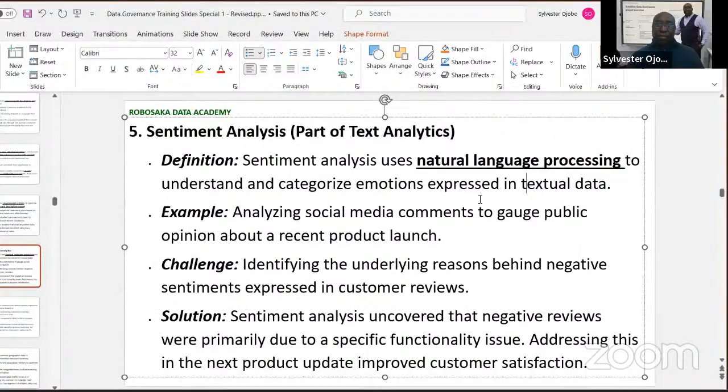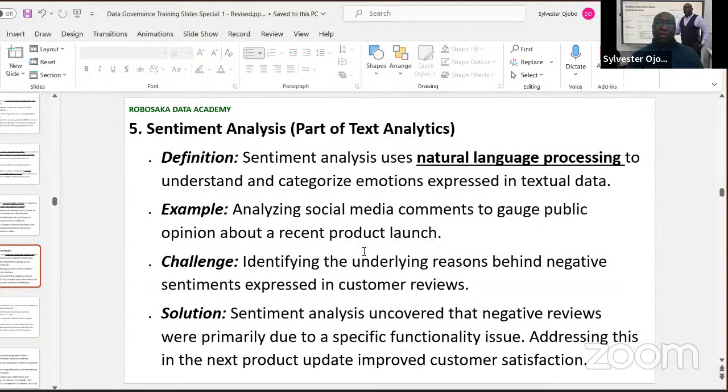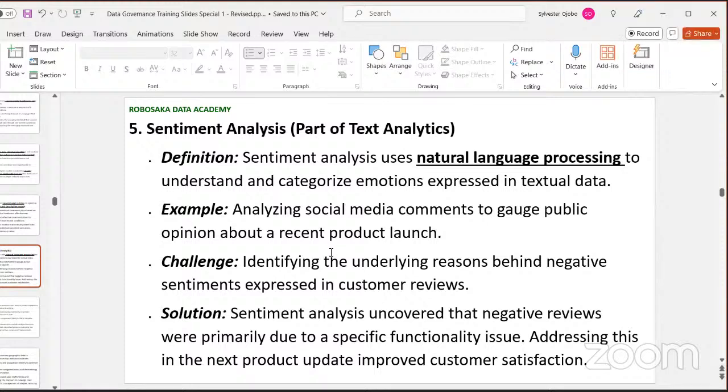For example, when people send text, you can see that their language can convey sentiments, so you can analyze those sentiments. An example of it is analyzing social media comments to gauge public opinion about a recent product launch. Okay, have you ever seen a situation like that before? Yeah.